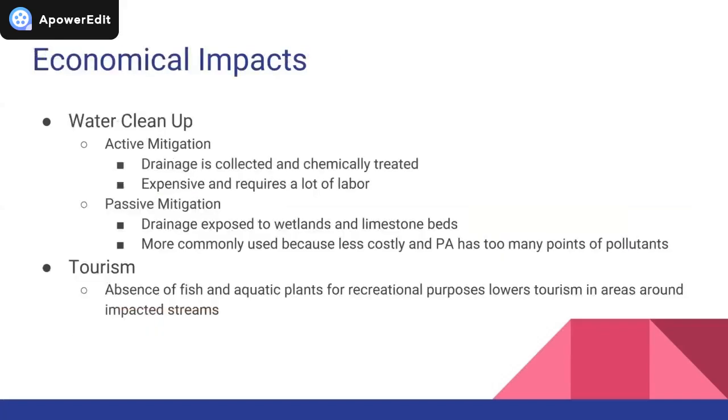It also has some economic impact, from the water cleanup, from both passive and active treatment, and it will also affect tourism, because the water is contaminated, so the fish die, the plants die, and people will not go to the impacted streams for tourism. So it will cause an economic impact.